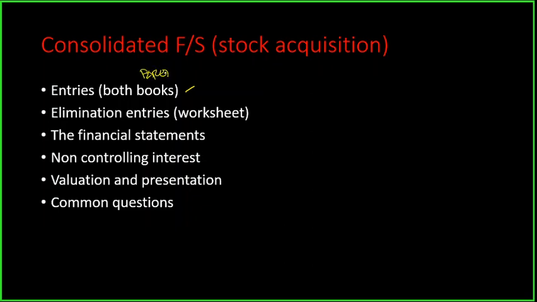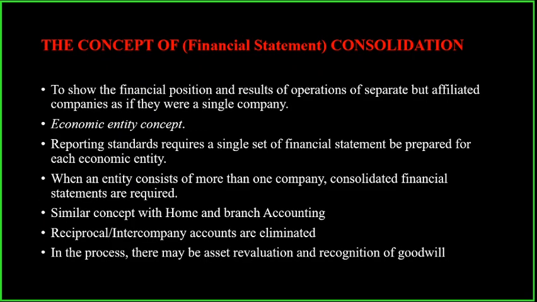Now, in the process of consolidating the financial statements, there will be elimination entries, and these entries will be made only in your consolidation worksheet. After preparing the elimination entries, we can now prepare the consolidated financial statements. In the process, we will be talking about the non-controlling interest, how we value and present that, and of course, there are some common questions that we will attempt to clear out as we go along.